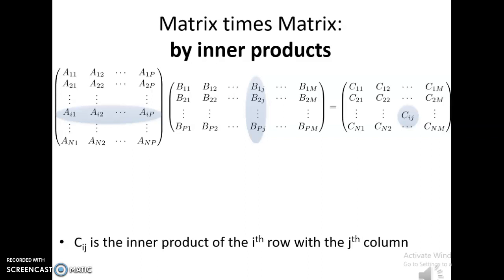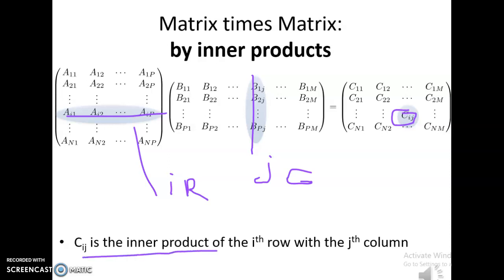So how did I get this result? Cij is the inner product of the ith row with the jth column.